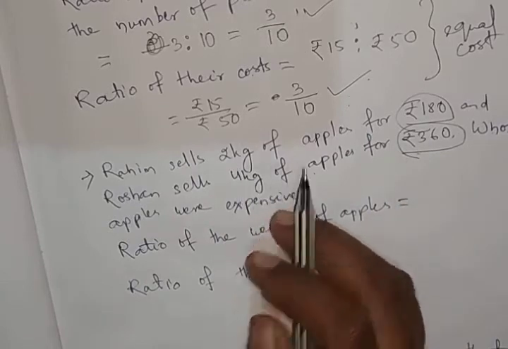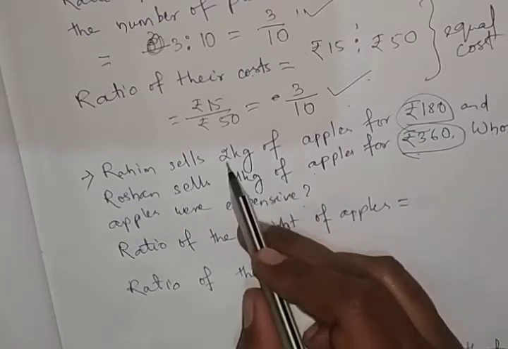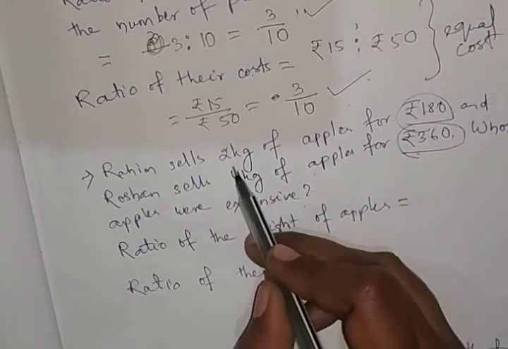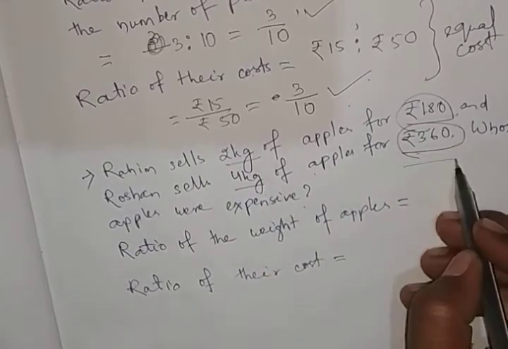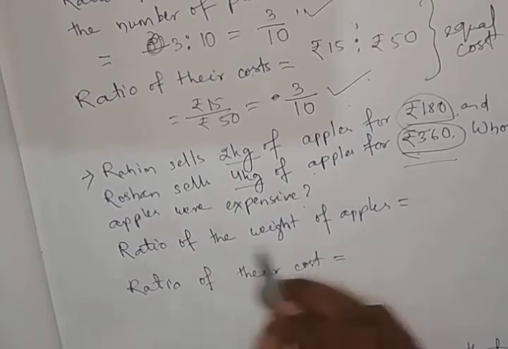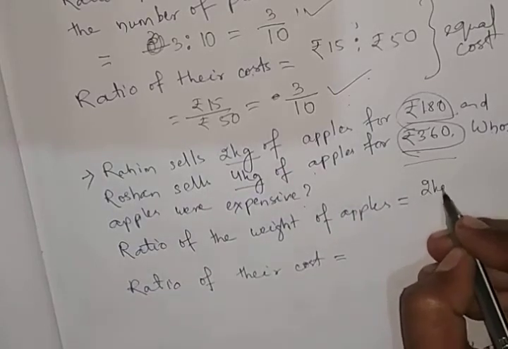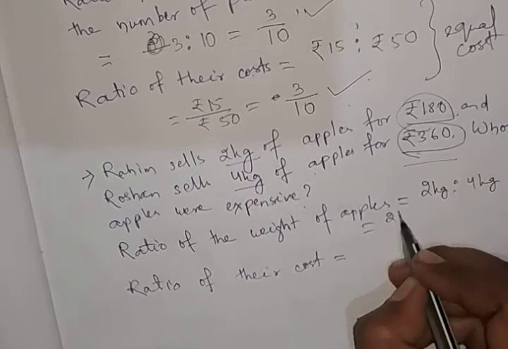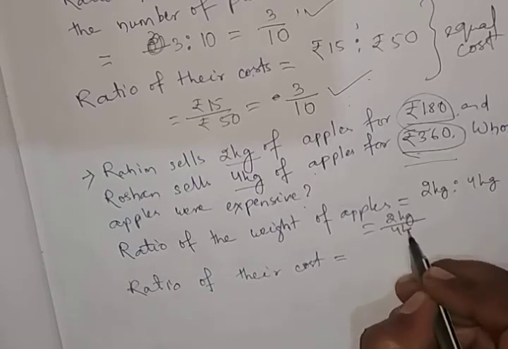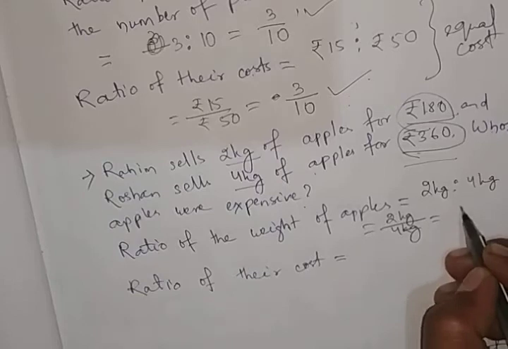So don't take the ratio of 2 kg and 180. For kg you will take weight, for rupees you will take rupees. So the weight of apples is 2 kg is to 4 kg. You write 2 kg by 4 kg. How much is this? 1 by 2.